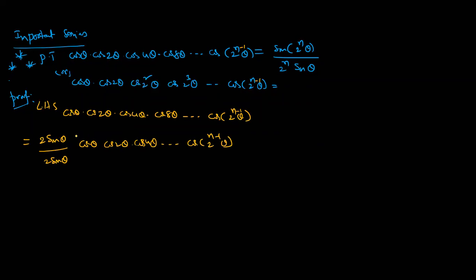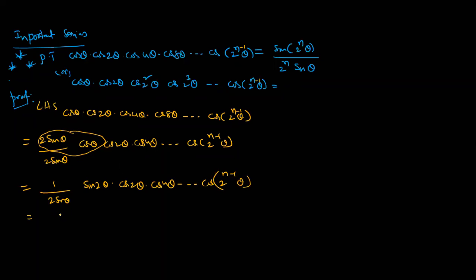Anyone observing 2 sine theta cos theta? What is the answer? That is sine 2 theta. Remaining as usual. What is that? Cos 2 theta, cos 4 theta, and so on, cos 2 power n minus 1 theta.